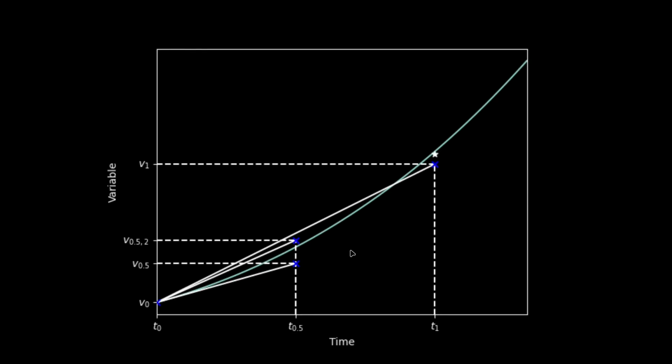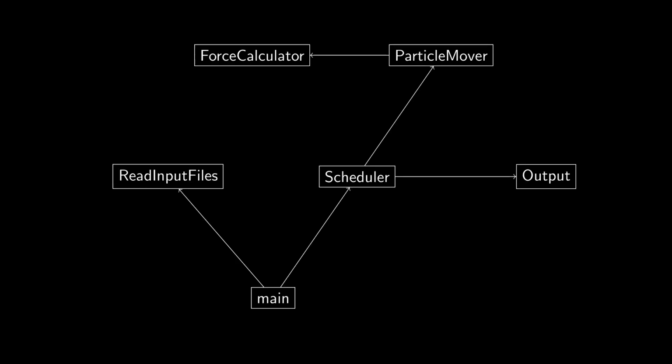Because we are now computing the forces so often, what we want to do is attach the force calculator to the particle mover and not to the scheduler anymore. This means that we can switch out the particle mover more easily because, first of all, if we switch from the Euler forward to the Runge Kutta 4 or any other integrator, the way we calculate the forces doesn't change.